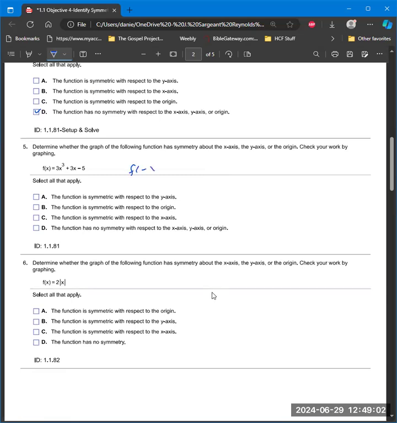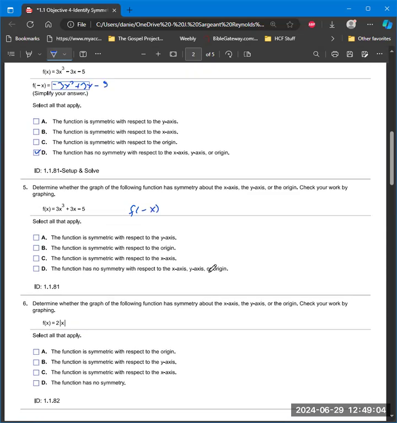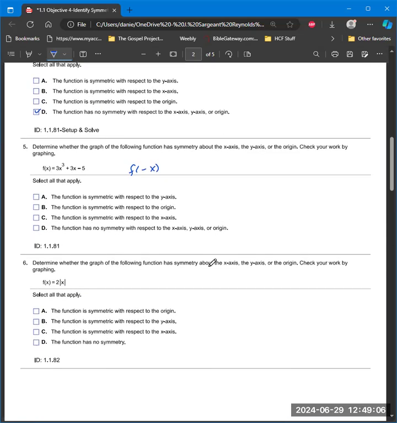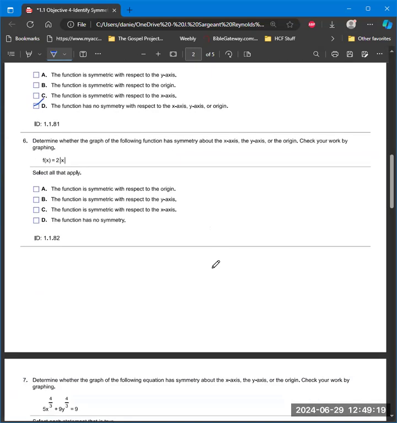F of negative x here is the same problem, just without making me find what f of negative x is, so it has no symmetry. 2 times the absolute value of x, that's an even function.